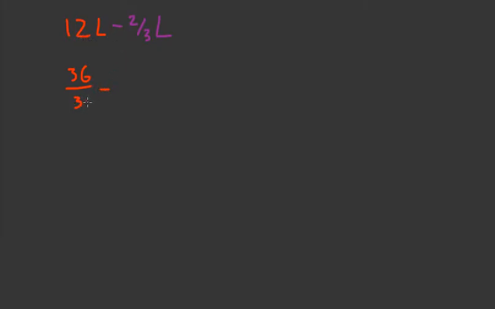We need to have the same denominator, because in order to subtract a fraction, we have to have the same denominator. So now we have 36 thirds minus 2/3, and that equals 34 thirds. Then we keep going and subtract 2/3 again, and that equals 32 thirds, and if we subtract it again, we get 30 thirds.